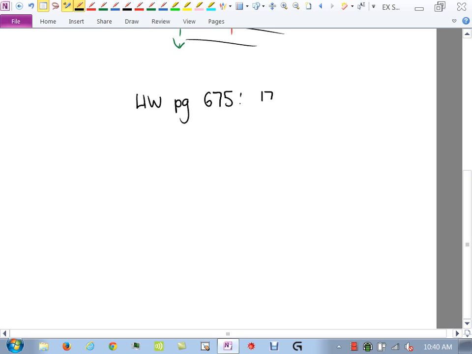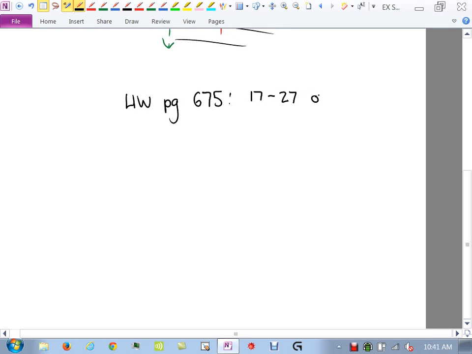How about 17 through 27, odd. They don't have any vertical and horizontal ones here. Oh yeah, here we go. Let's then do 33 through 39, odd.